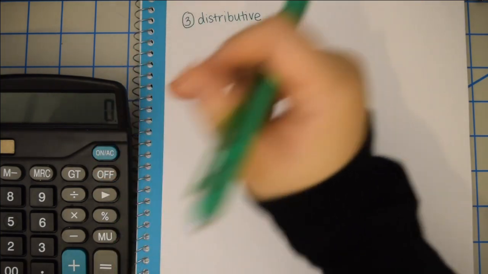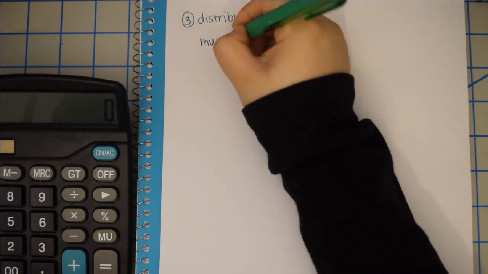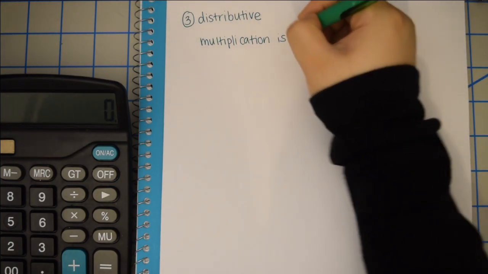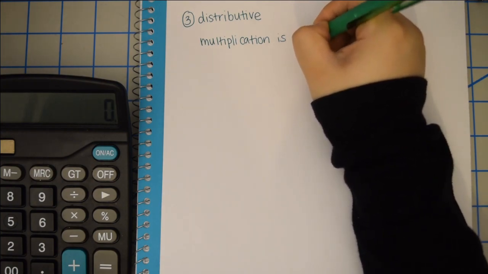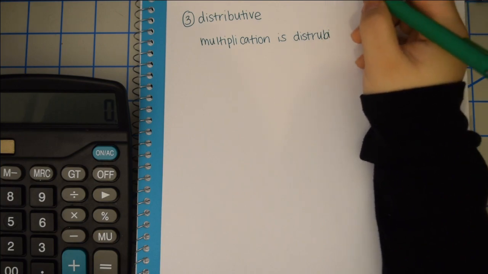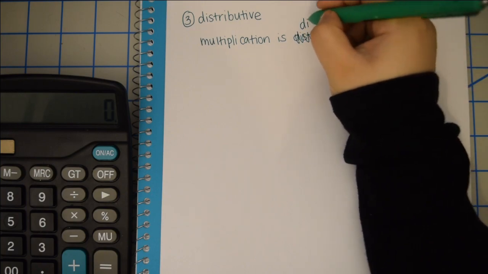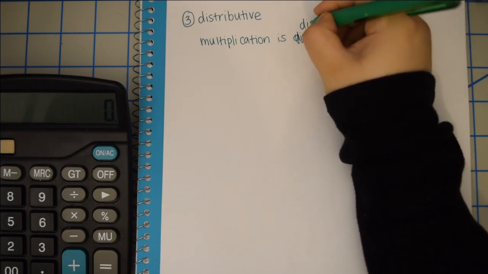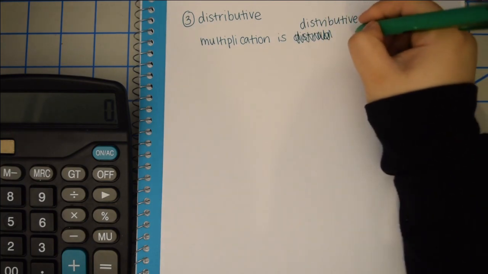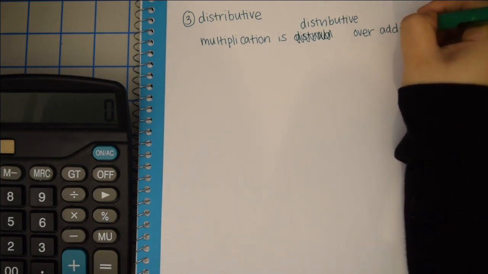And usually you'll say, for instance, multiplication is distributive over addition, for instance. Okay.